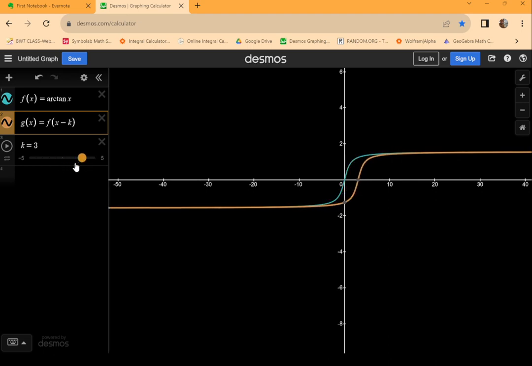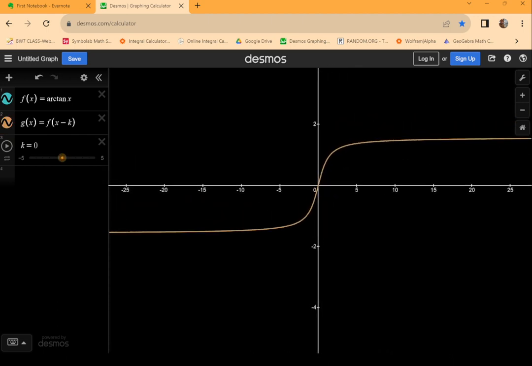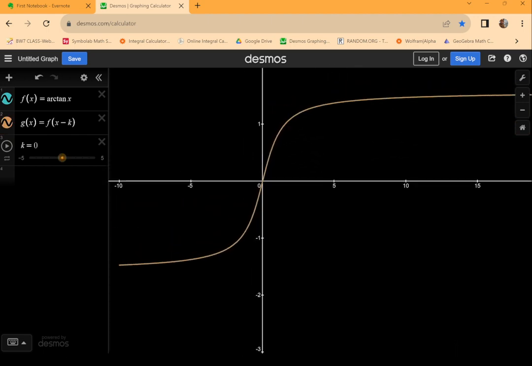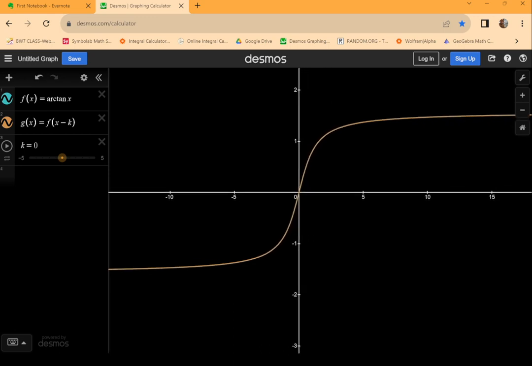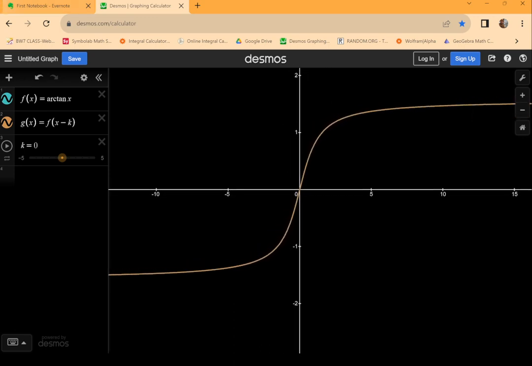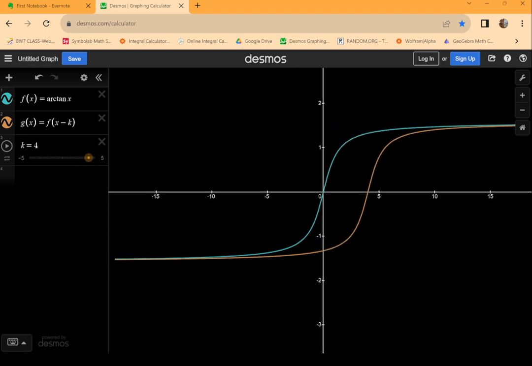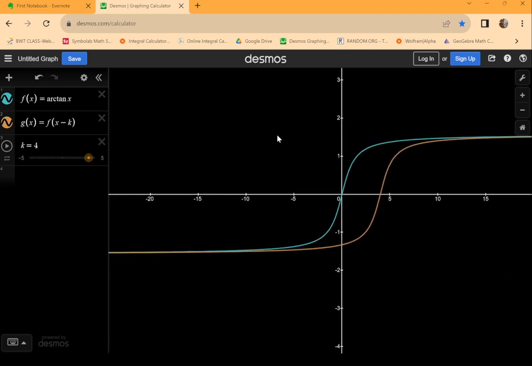Notice here, and maybe let me zoom in a little bit, that the shape of the graph does not change. When k is positive, we get a movement to the right. Here's 0, so same graph.